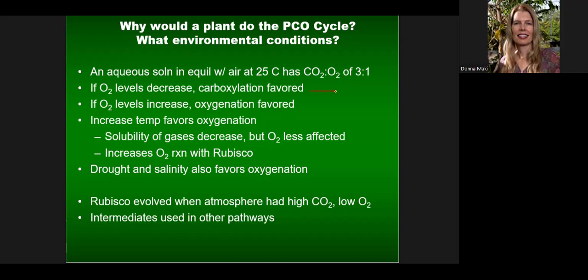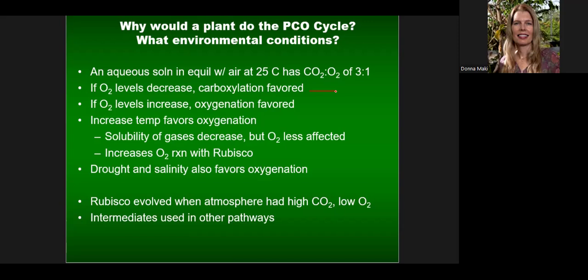The other issue to keep in mind is that if you increase the temperature of that plant, like on a hot day, whenever you have a body of water with dissolved gases in it and you apply heat energy, it makes the gases come out of solution and bubble out. We've done that test in chemistry or physics. The solubility of gases decreases.